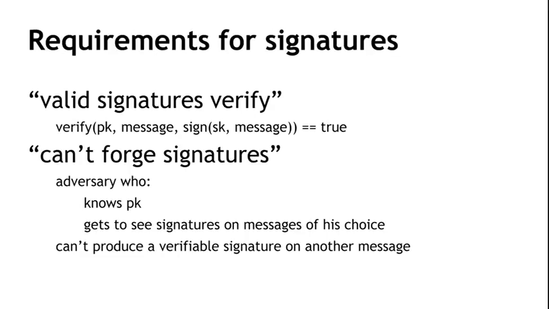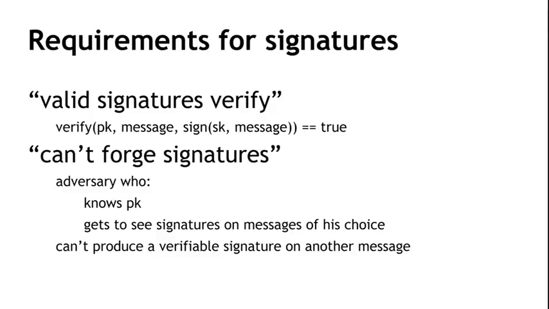Okay, so the requirements for the signatures at a slightly more technical level are the following two requirements. First of all, valid signatures will verify. If a signature is valid, that is, if I sign a message with SK, my secret key, and someone then later tries to validate that using my public key and the same message, it will validate correctly.